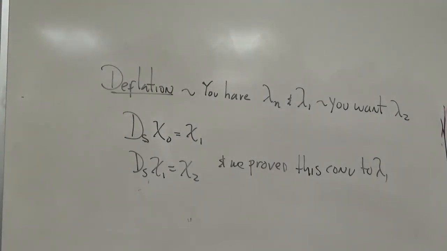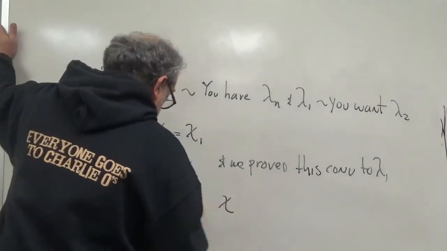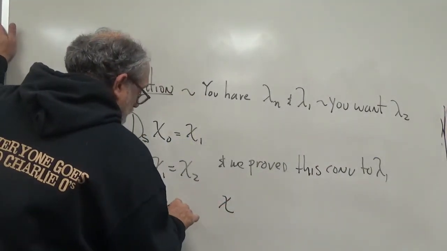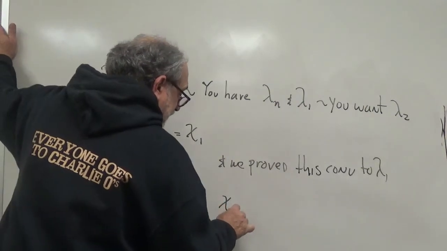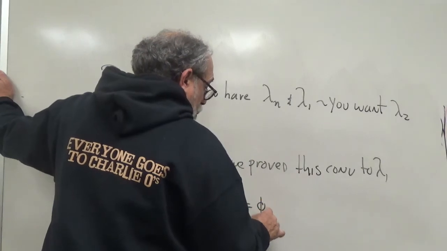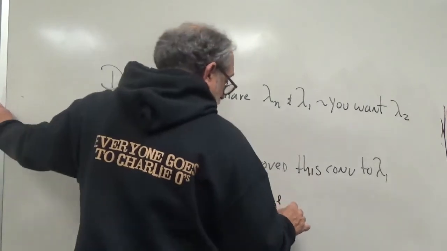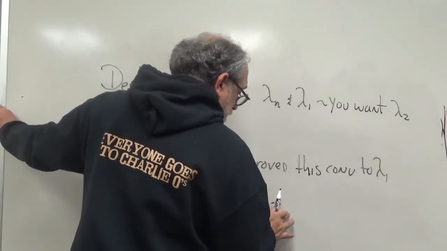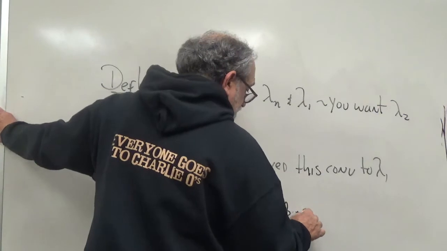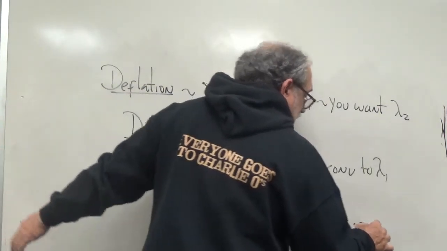Remember that x_L was equal to phi 1 times lambda 1 to the L times B1 plus phi 2 times lambda 2 to the L times B2 plus, and it went like that, right?